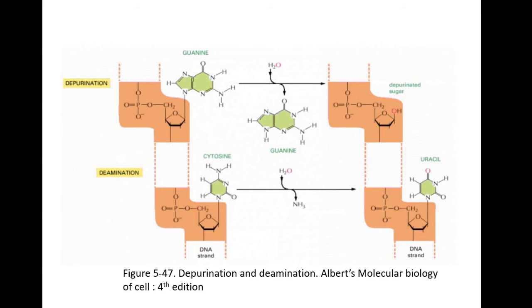In deamination, the amino group is removed and the uracil gets attached to the DNA strand. In normal DNA structure, uracil is not present, so it is a damaged DNA.